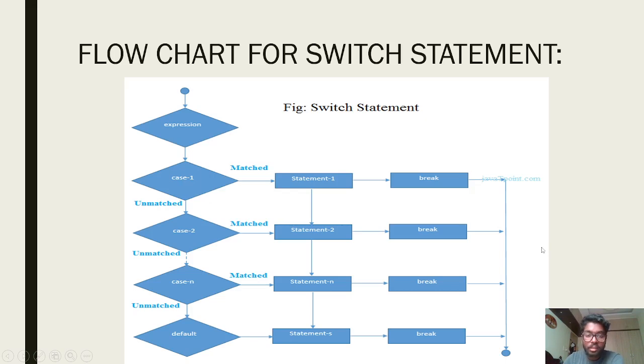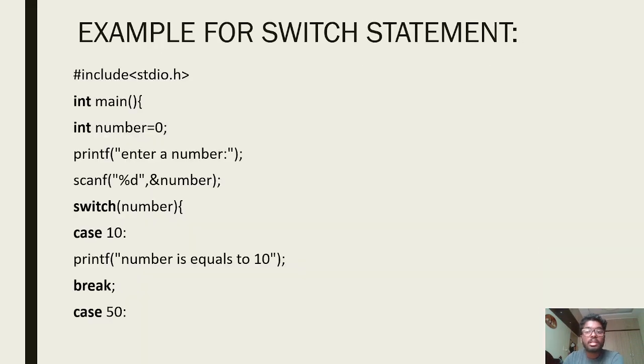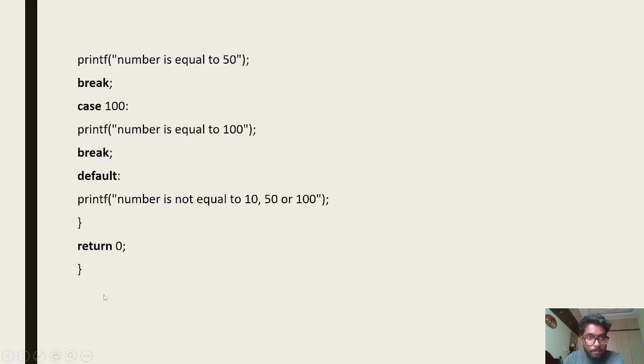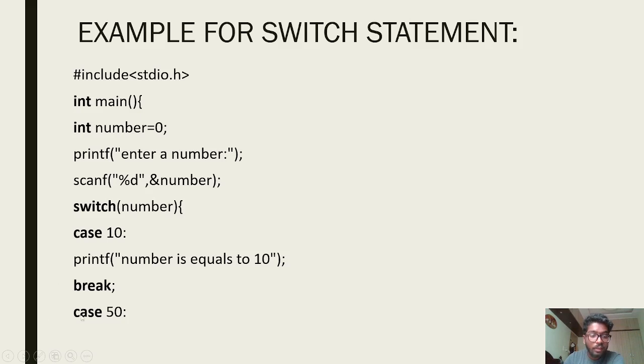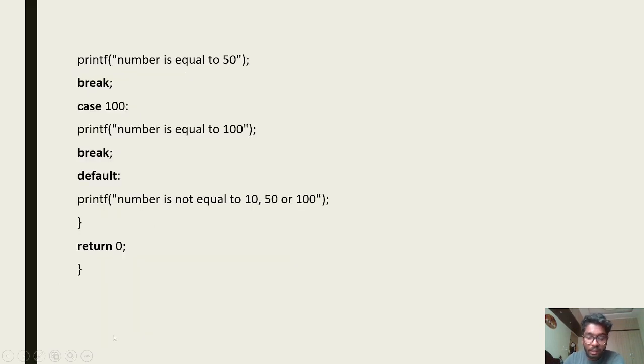So let us understand this with the help of an example. Example for switch statement. Here we are going to enter a number, and we have three scenarios: when the number is equal to 10, 50 and 100.